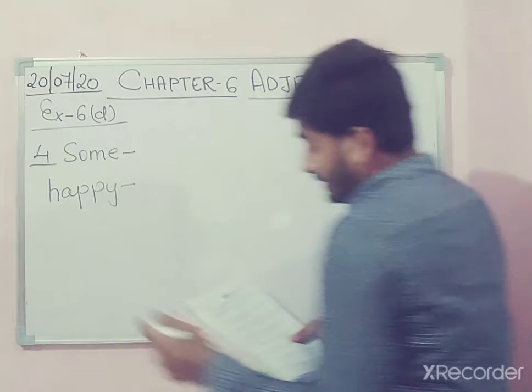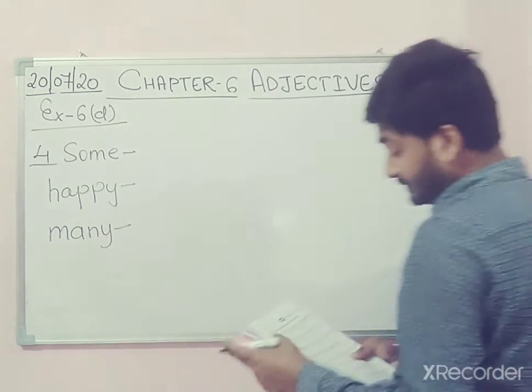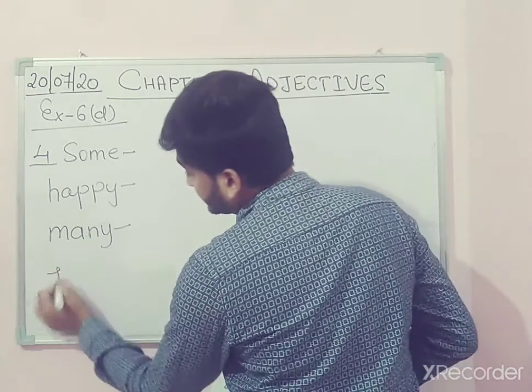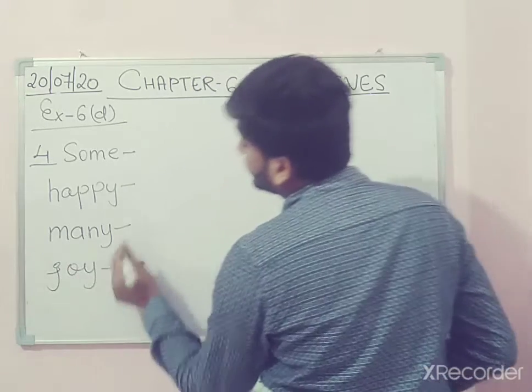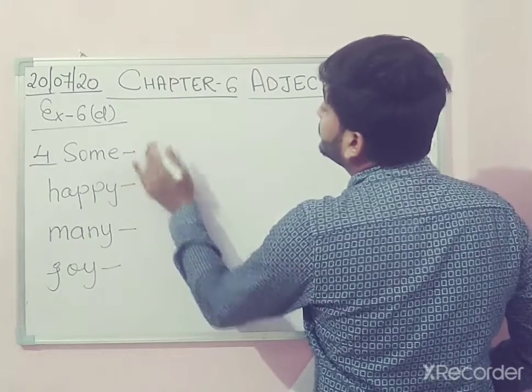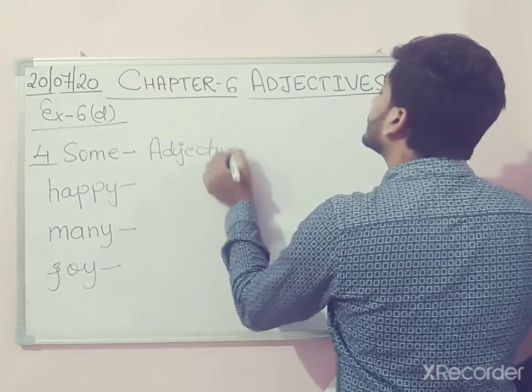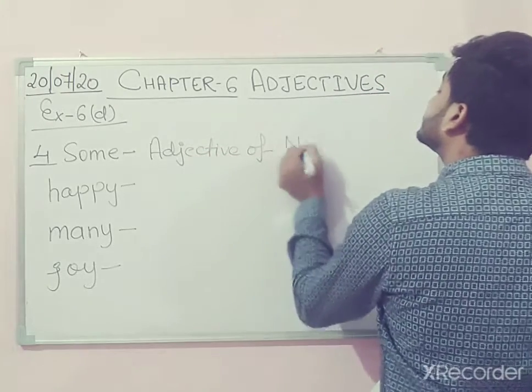Shed how much? Many tears of joy. What kind of tears? Joy. Some children, that means we can count children, so it's an adjective of number.